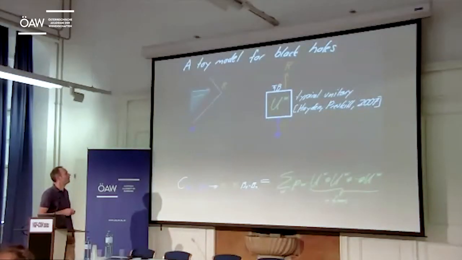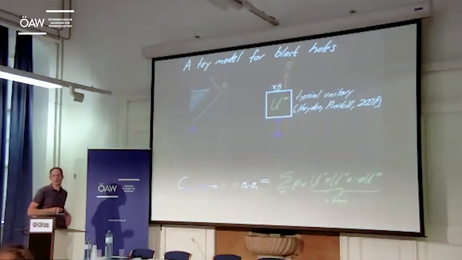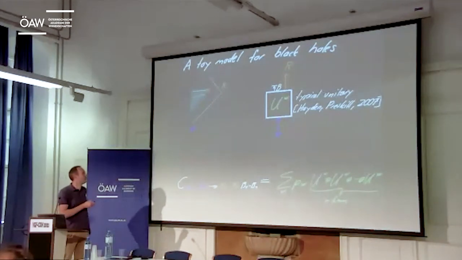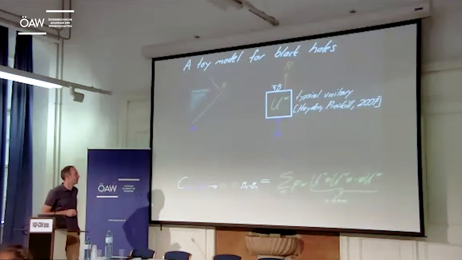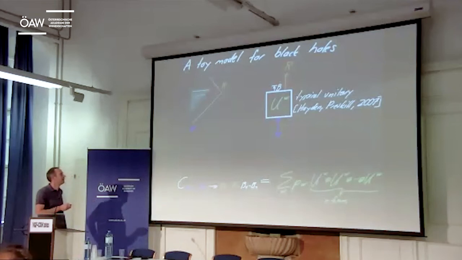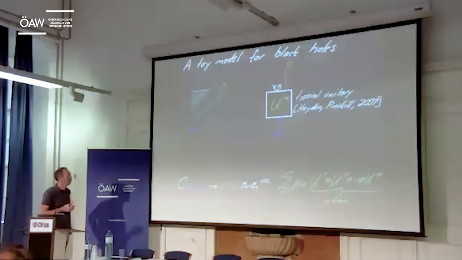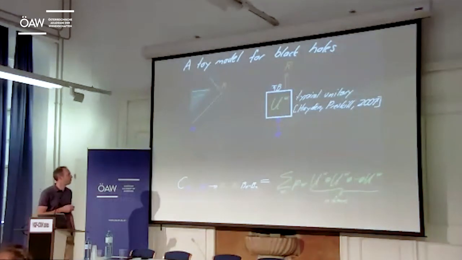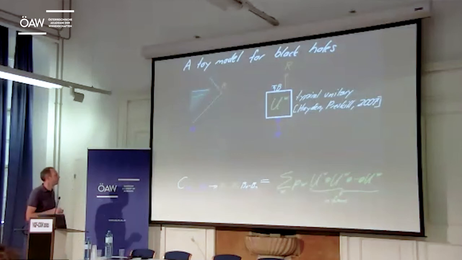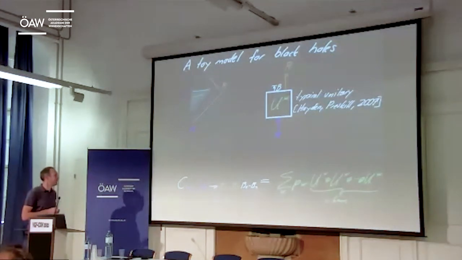So a black hole in computer science terms is just a random circuit, if you like, where you throw a part away and keep a certain part. And of course, if the black hole has evaporated completely, you don't throw away anything. So then it's just a unitary from M to R. And of course, that conserves the entropy. So that was a toy model that has been proposed quite some time ago.